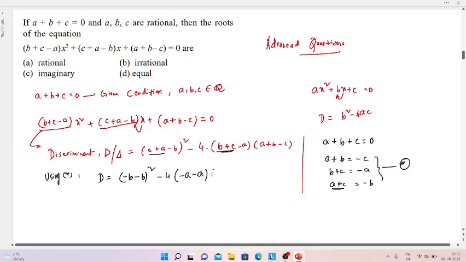And can you tell me what is the value of a plus b? It is obviously minus c, you can see here. So minus c and minus c, and minus b will become minus 2b, that whole part squared, minus 4 times minus 2a, minus 2c.